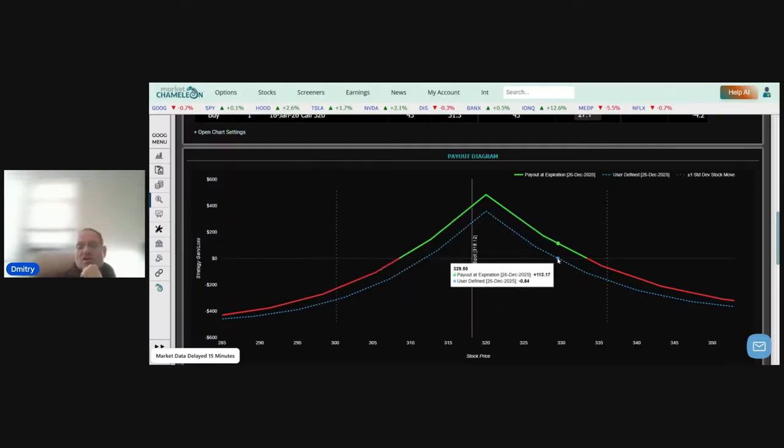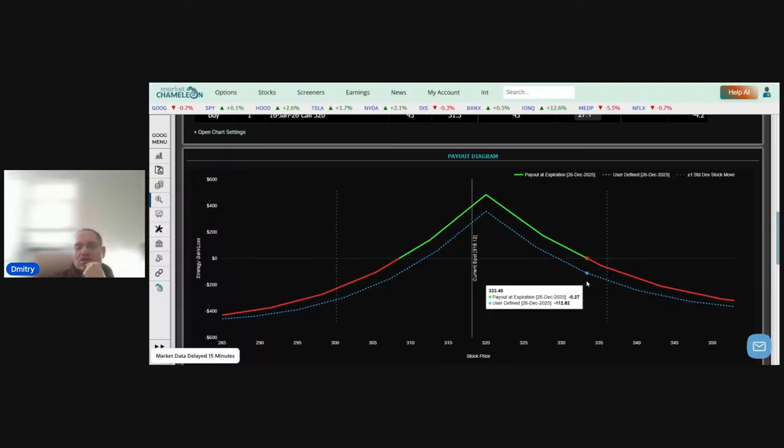So you could see that our break-even points, this zero line, come in. Right now we don't have as much cushion for the stock to move. The original break-even point was like around here, right?